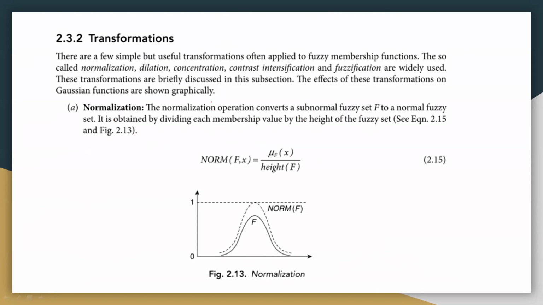Suppose you have a fuzzy membership function for a particular value x and you divide it by the height of the fuzzy set. When you do that, it converts a subnormal function to a normal one. When it becomes normal, it always touches 1, so you'll have at least one value with the height of 1. That is what happens.